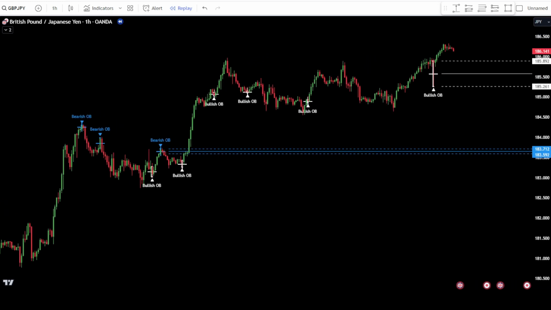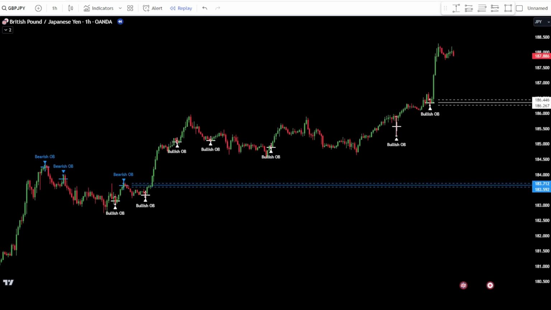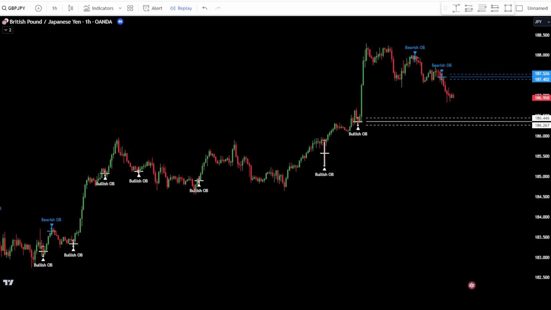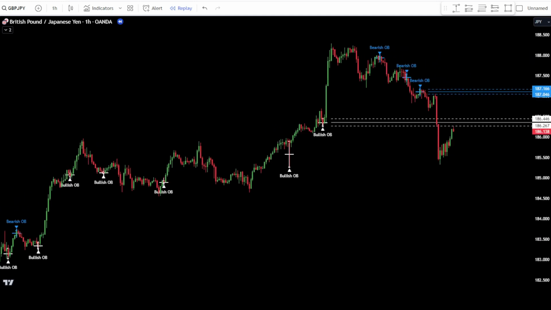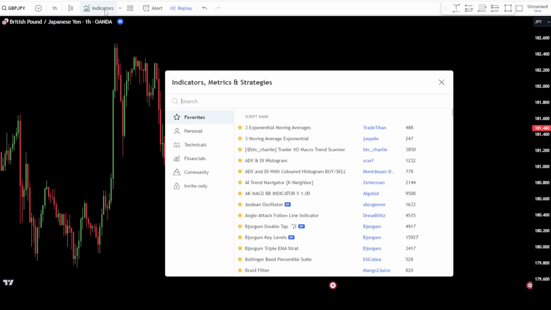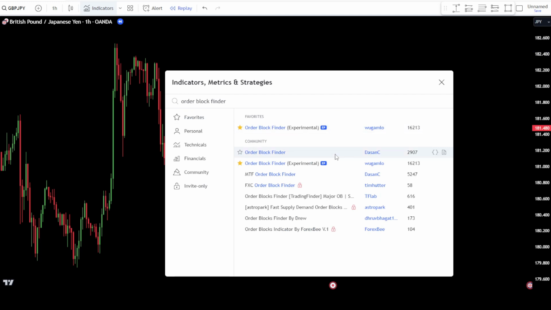To assist you in identifying potential order block areas, you can utilize this order block finder trading strategy. To use it, you can log into TradingView. Then go to the Indicator Search tab. In the Indicator Search tab, type Order Block Finder and then simply select Order Block Finder by Wugamlo.